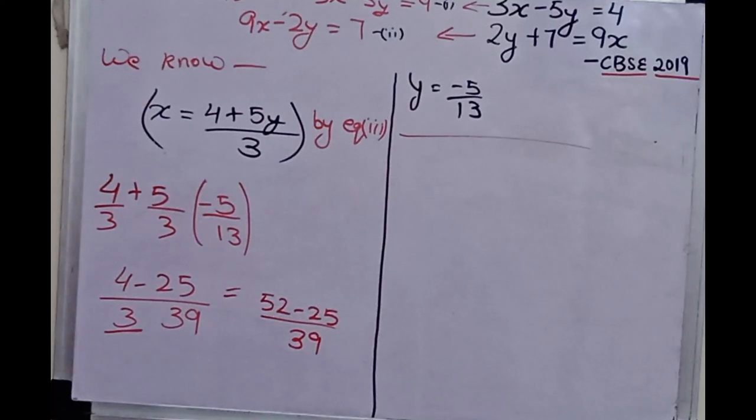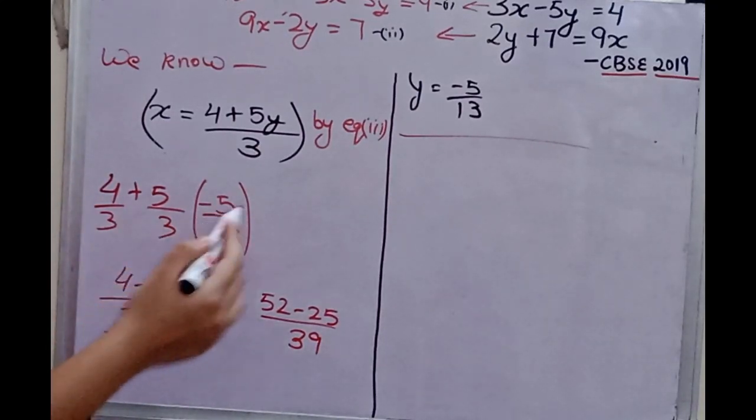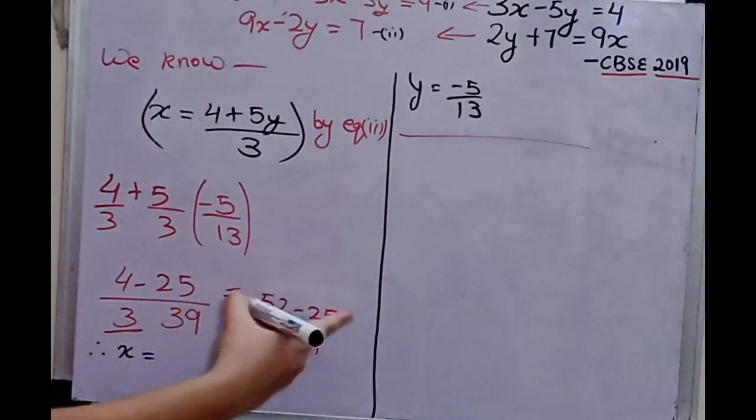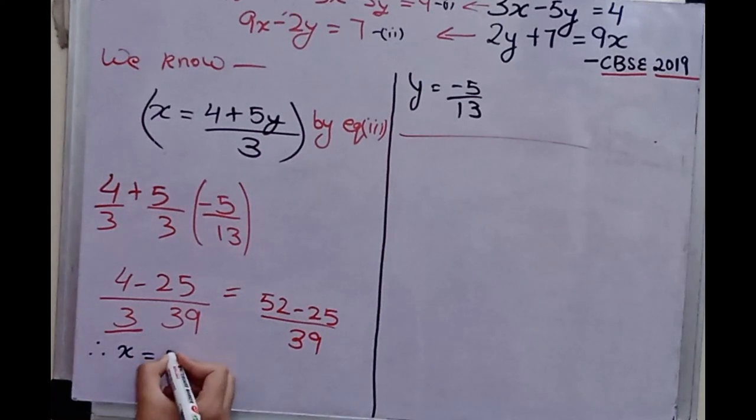Now no variable is left here, and remember we are finding the value of x here. You can keep on writing it as well, like x is equals to x if you want to, if you think you can get lost there. Now therefore x is equals to 52 minus 25 gives me 27 upon 39.